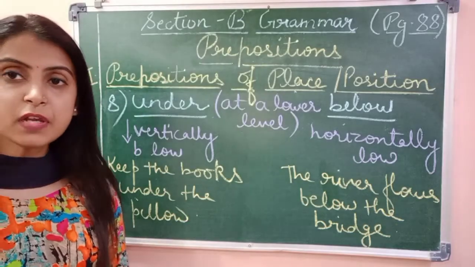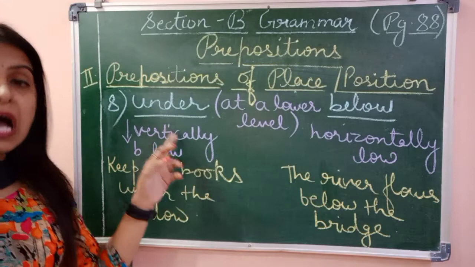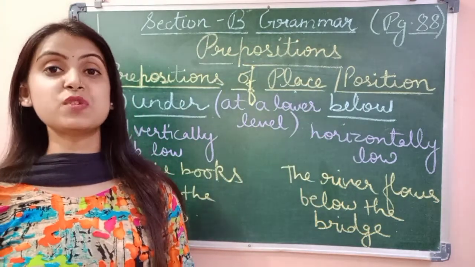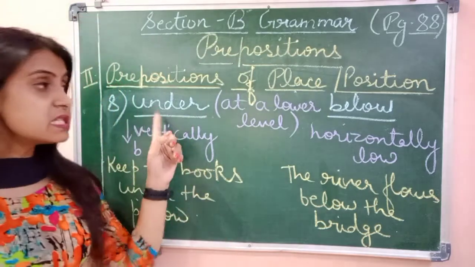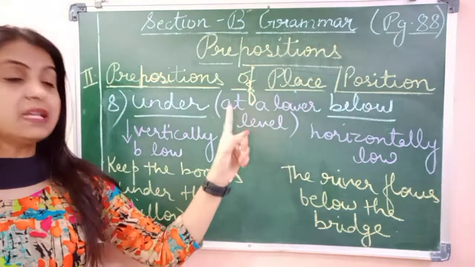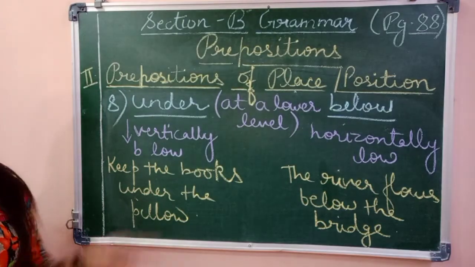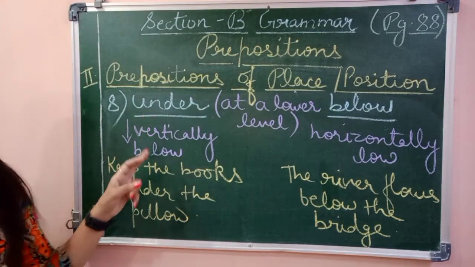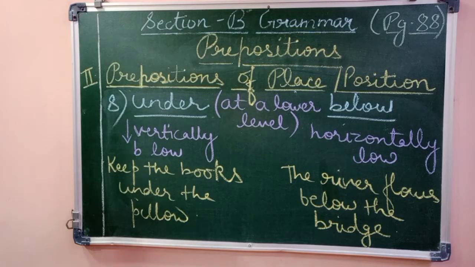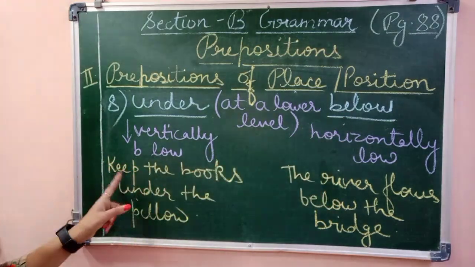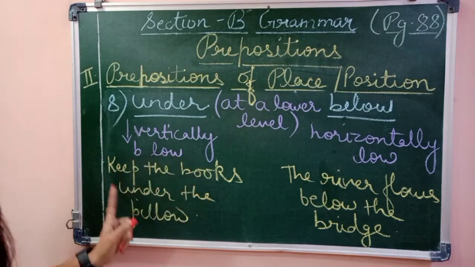Now just have a look at the difference between under and below. The difference is same as the difference between over and above. Under and below both mean at a low level, right? Then what is the difference? The difference is under is used when something is vertically low and below is used when something is horizontally low. For example, keep the books under the pillow.